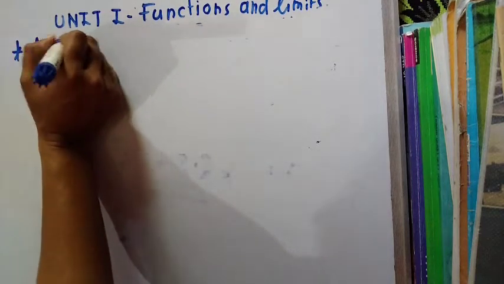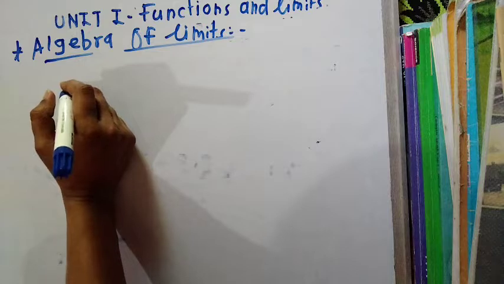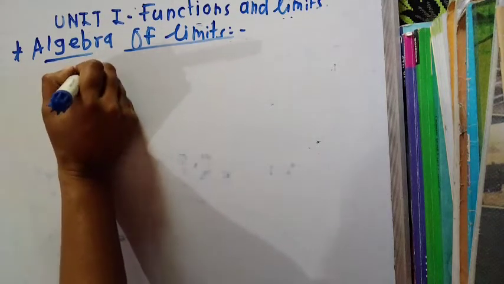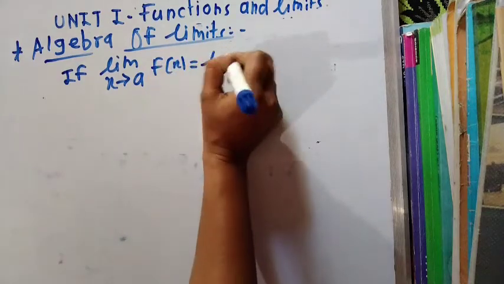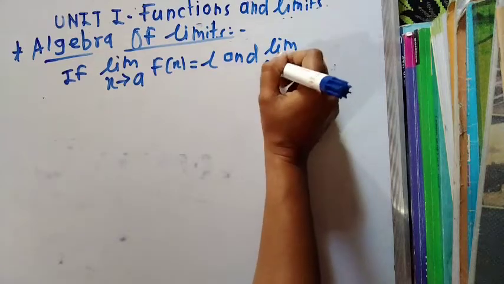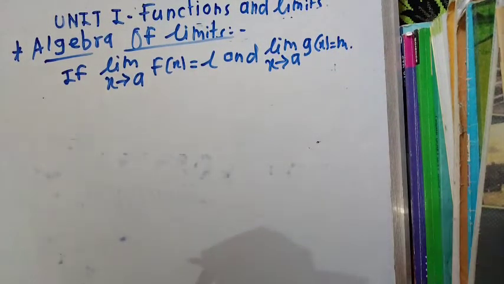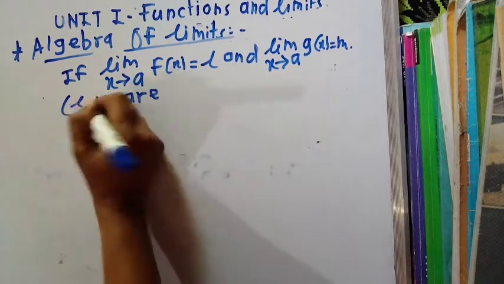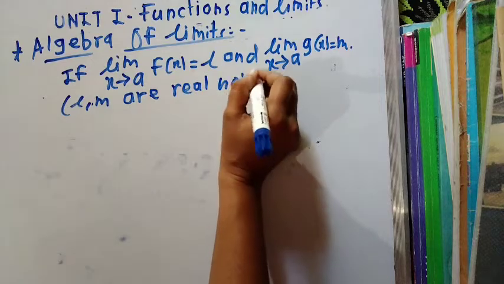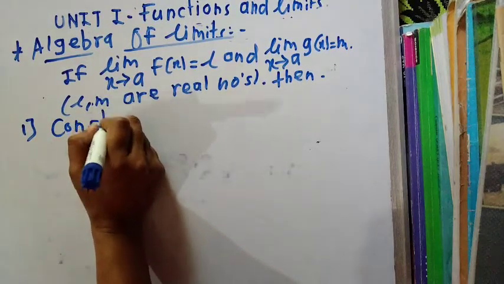Algebra of limits. If limit x tends to a of f of x is equal to L and limit x tends to a of g of x is equal to m, where L and m are real numbers, then first rule is the constant rule.